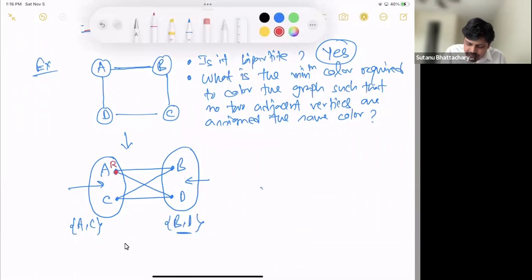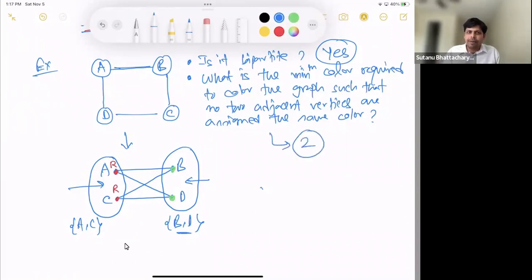If we color A red, you cannot color B and D red because B and D are directly connected to A. That means B and D are adjacent to A. So we need to use a different color for B and D. But we can use the same red color for C because there is no edge between A and C. So let's use a different color for B. I use green for B, and I can also use the same green color for D because there is no edge between B and D. So the minimum number of colors required is 2.